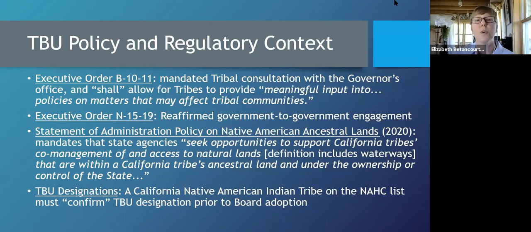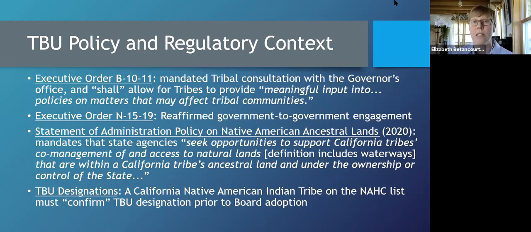And then Executive Order N 1519, which was Newsom's executive order reaffirming Brown's executive order on consultation and government-to-government communication. And then Newsom followed that up with a statement of administration policy on Native American ancestral lands. So his administration's policy is not only emphasizing consultation, but actually action and seeking opportunities to support California Native American tribes, co-management and access to natural lands.